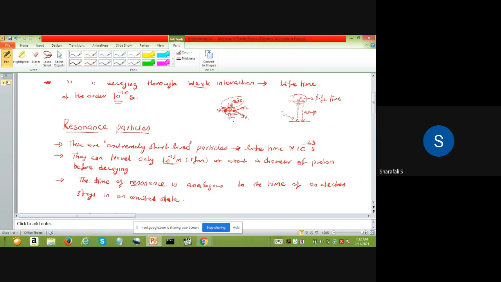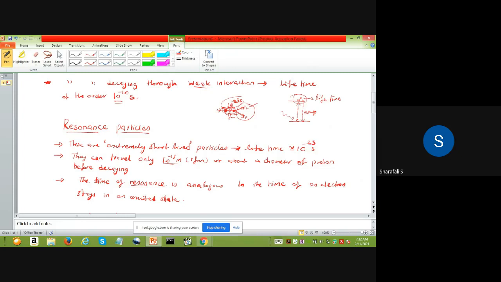This resonance particle cannot be detected. So we can get their presence only by examining these decay products. By examining these products, you can conclude that these resonance particles are formed.